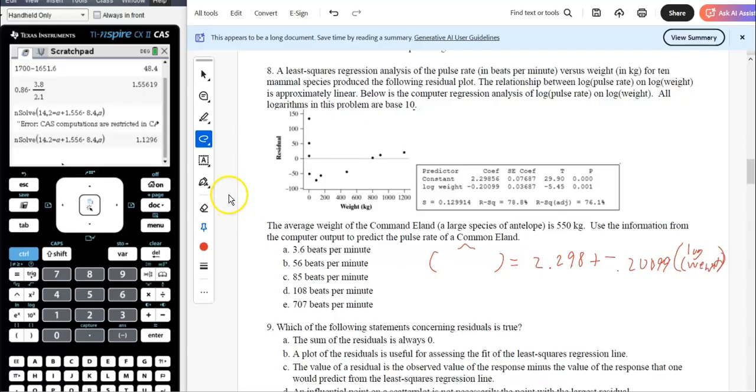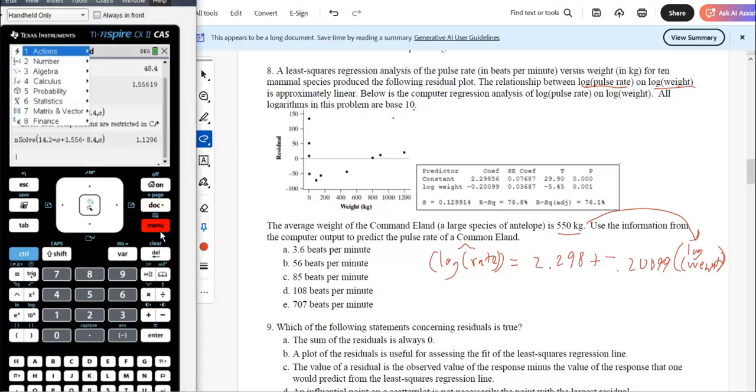I'm glad I saw that. It was the log of the weight. Log of the pulse rate versus that. So this is log of the rate, the pulse rate. Okay, so 550 kilograms, so we're going to plug that in to this equation. So the great use of the solve command.